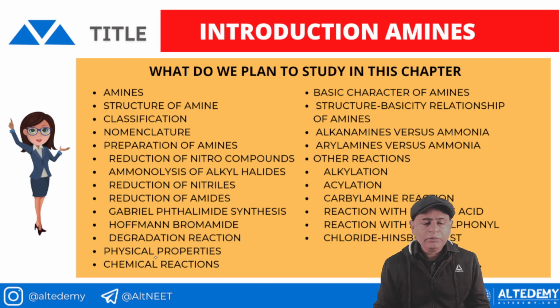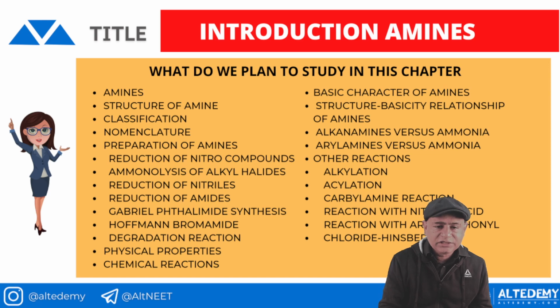Then we will talk about physical properties, chemical reactions, basic character of amines, the structure and basicity relationship of amines, alkanamine versus ammonia, aryl amine versus ammonia, and other reactions like alkylation, acylation, carbylamine reaction, reaction with nitrous acid, and reaction with aryl sulfonyl chloride, which is also known as the Hinsberg test.